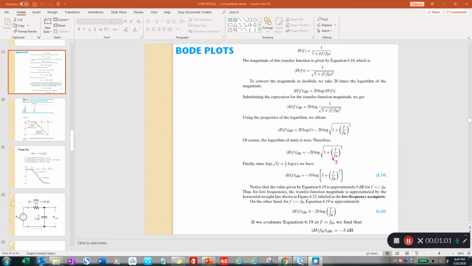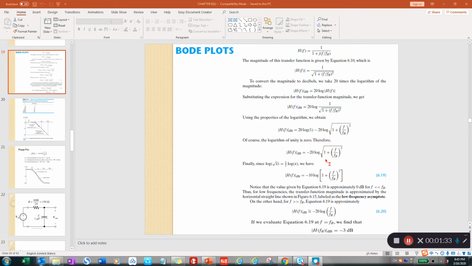First, the most important point is f equal to fb. Here you can see if f equal to fb, this part will be equal to 1, and under the square root, it will be 1 plus 1, which is 2. So you will have the amplitude in dB equal to -20 log square root of 2.